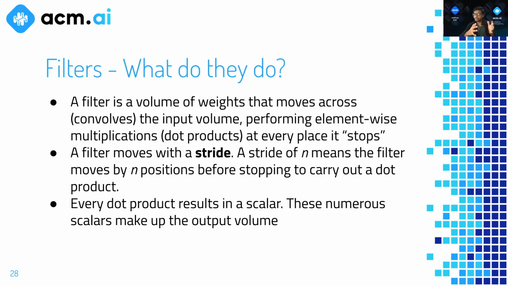But if you have filters that move across by 3 pixels at a time, you will get a stride of 3. After you perform every single dot product, the result you get is a scalar, which is essentially the new, quote unquote, pixel value that represents the next part of the convolution layer. But the next slide, where we show a small visualization, will make a lot more sense.